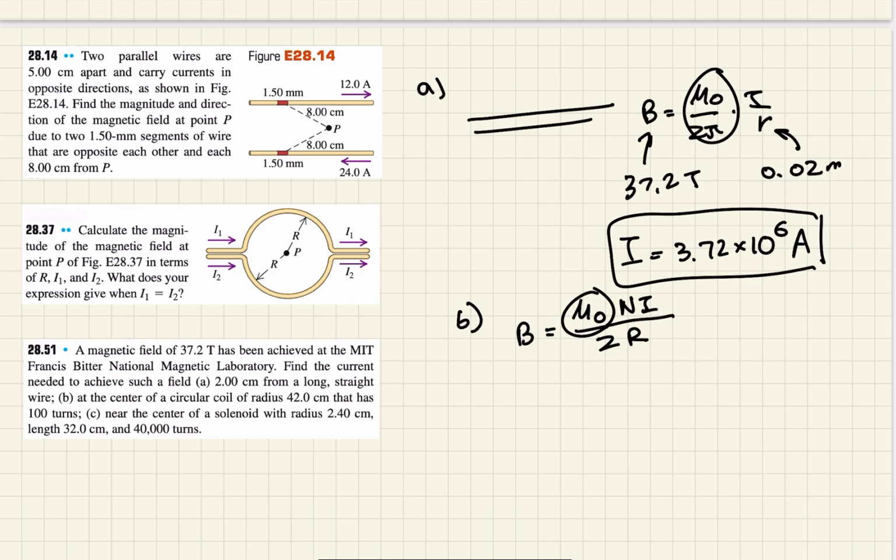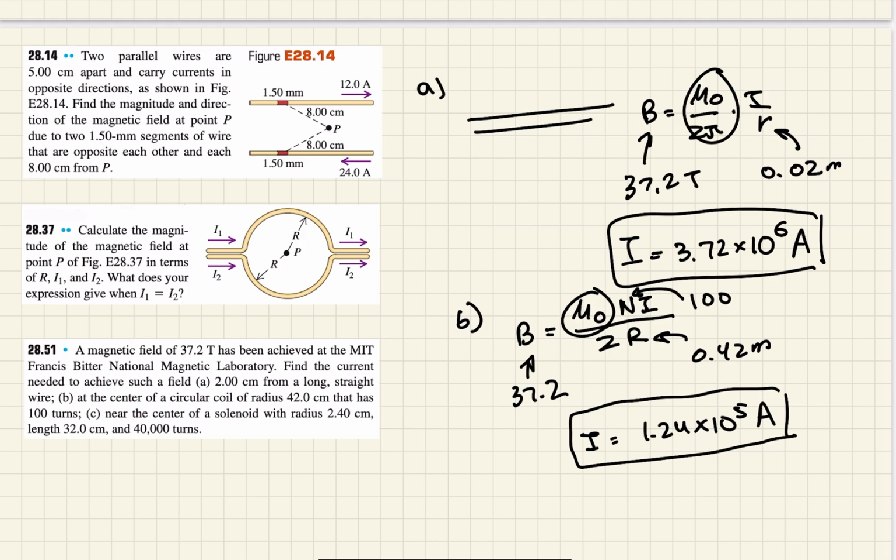We know N is 100 turns. R is 0.42 meters. B is 37.2 again. Again, you just move everything to one side, and so you're going to get a current of 1.24 times 10 to the power 5 amps. These are simple problems in the sense that they're just plug and chug, but it gets you acquainted with the formula, so that's good.